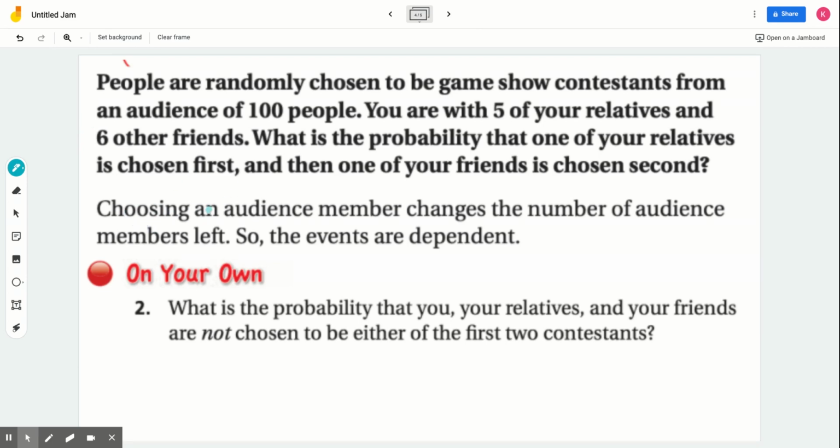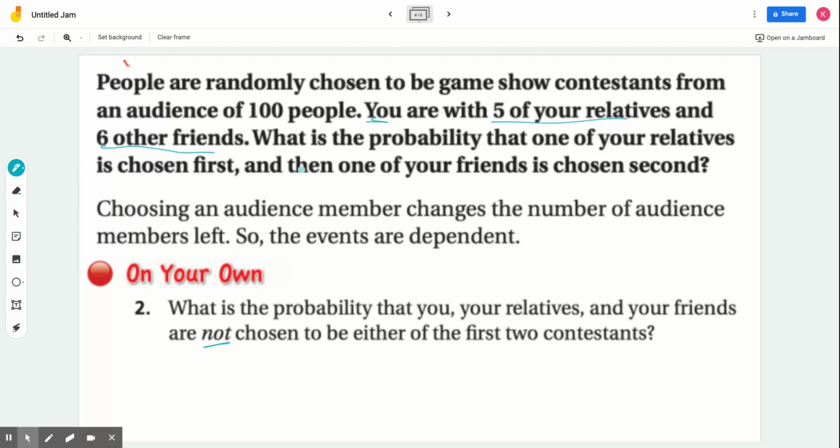Now, choosing an audience member changes the number of audience members left. So the events are dependent because we're already taking some people out and we're not putting them back. So here, what is the probability that you, your relatives, and your friends are not chosen to be either of the first two contestants? So we have you, 5 relatives, and 6 friends.